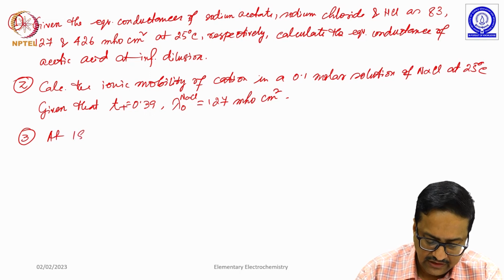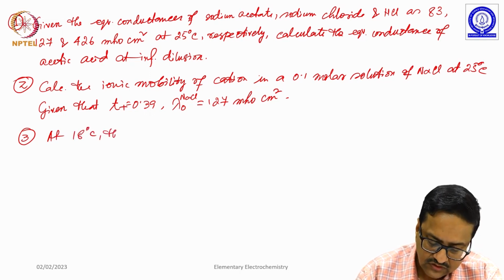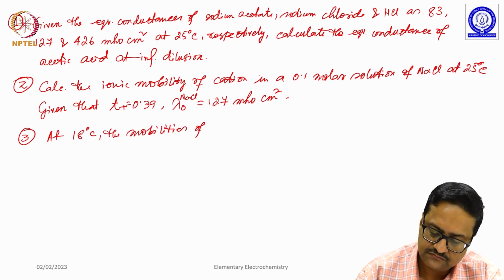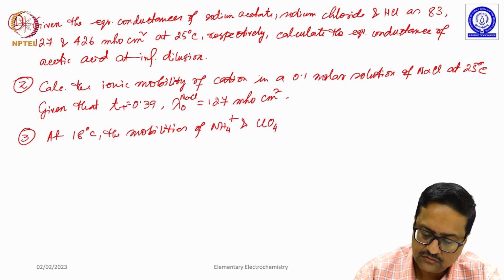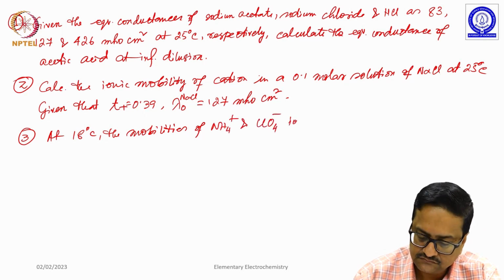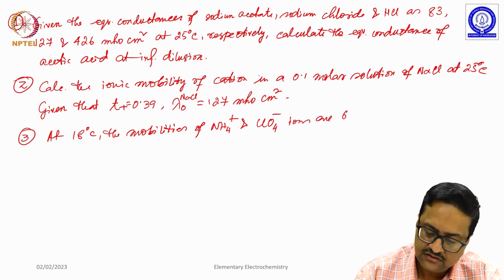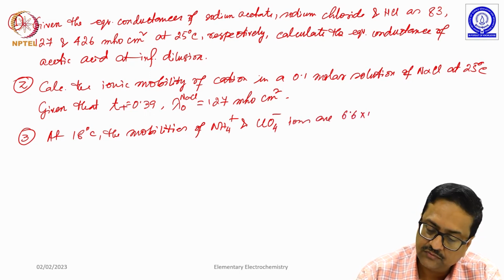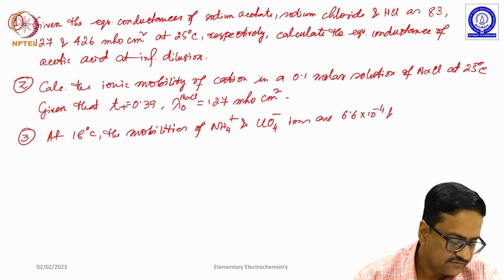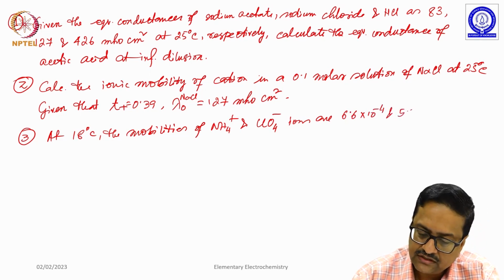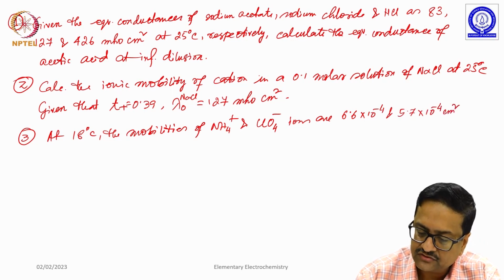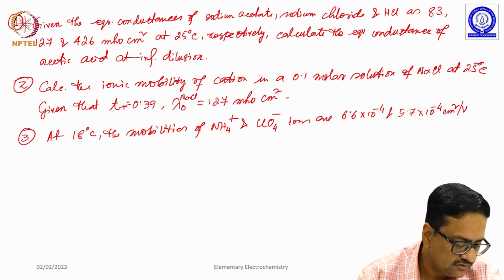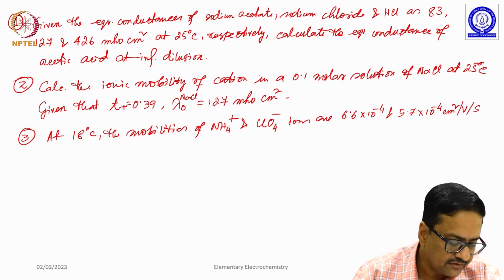At 18 degree centigrade, the mobilities of ammonium and ClO4 minus ions are 6.6 into 10 to the power minus 4 and 5.7 into 10 to the power minus 4 centimeter square per volt per second.